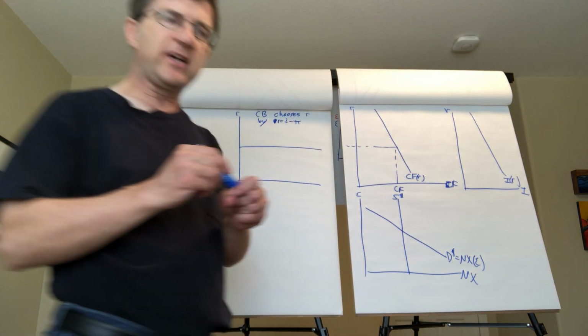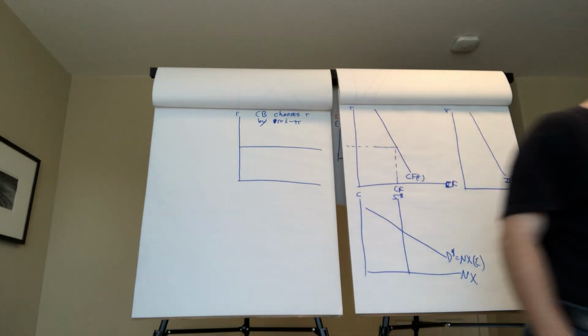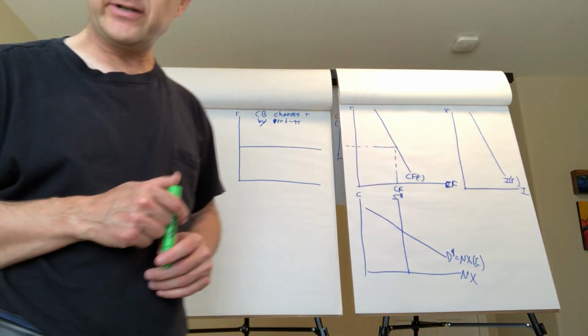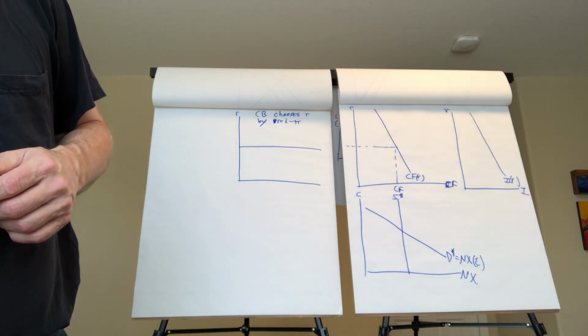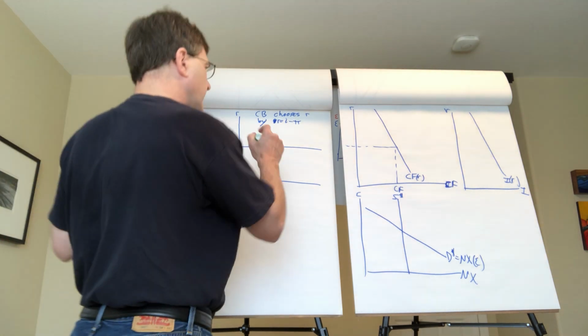Okay, what's our experiment? I'll do this in green. This is a green situation. The Fed is reducing its target interest rate.